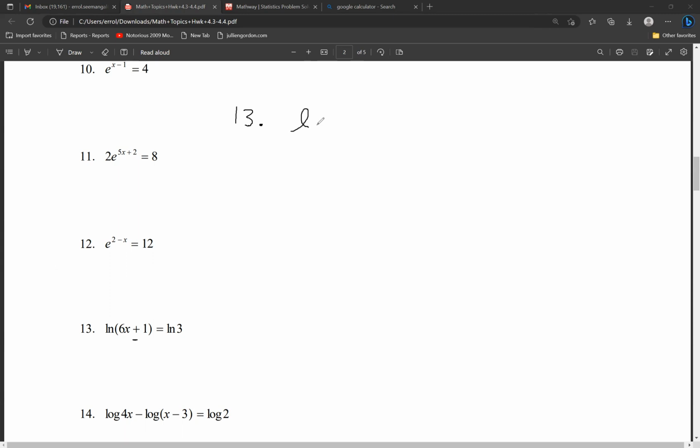So log of 6x plus 1 equals log 3. We have the addition sign there, so that means multiplication in terms of log. So we're gonna multiply those two. Log of 6x times 1 equals log 3.